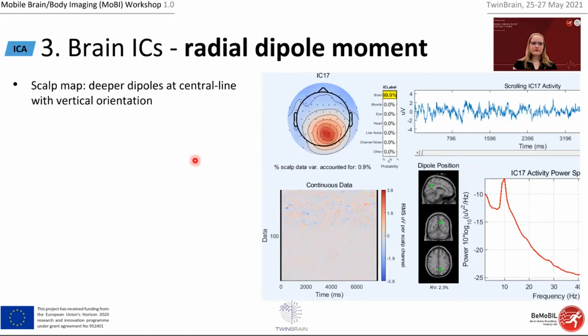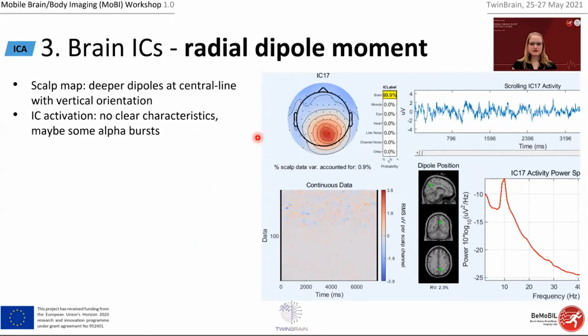So what we see for brain independent components is that they are not that superficial like the noise components or the muscle components, and they are located in gray matter. If you look at the dipole position and the IC activation, I could not state any clear characteristic here.